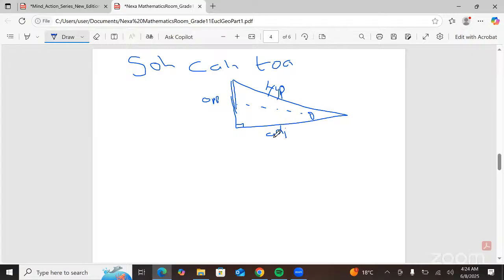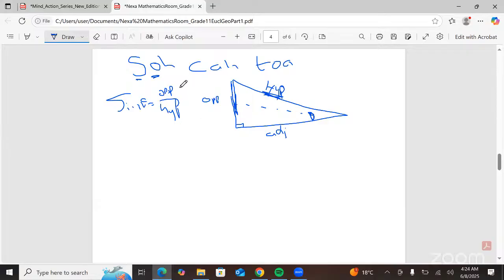If you want to work with the hypotenuse and the opposite, you're going to use sine theta, which is the opposite side over the hypotenuse, right?